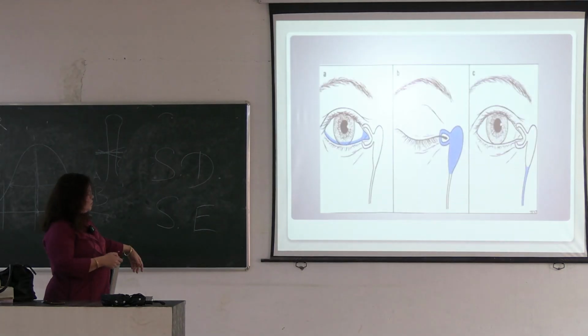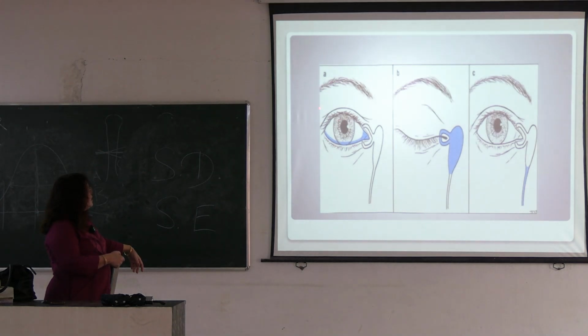Here is the drainage pathway. This is the conjunctival sac. Tear secreted from the lacrimal gland comes here, and when we open the eyes, the active pump mechanism works. Physiologically, when we open the eye, tears are present at this level.